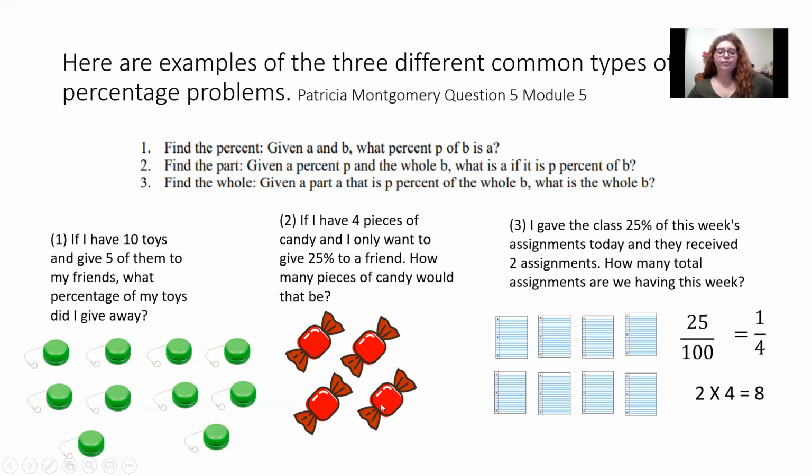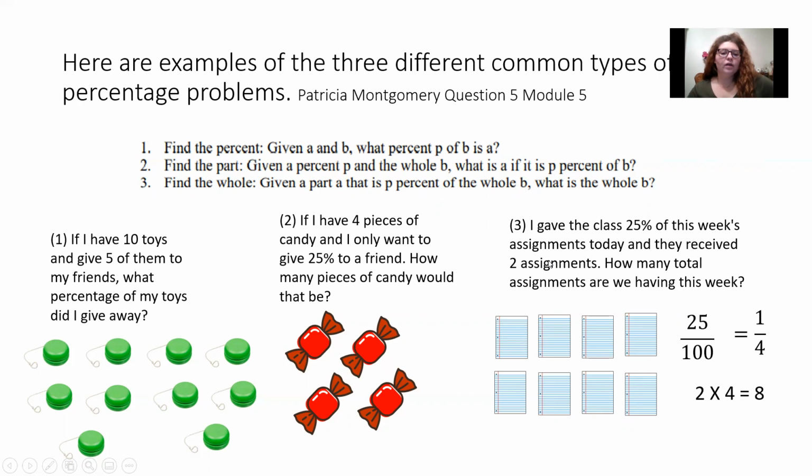So we know if you take 100 and you divide it by 4, then you're going to get 25%. So 25% is just going to be that one piece right there, because that's how many times the fraction 1/4 of 100 is, would be 1/4 of a candy. So 1 piece of candy.